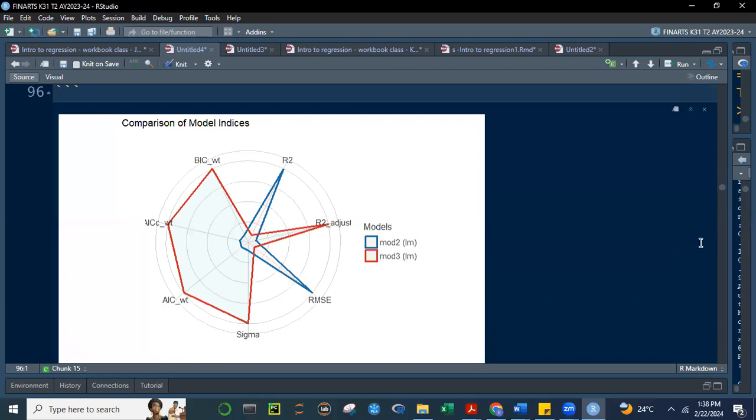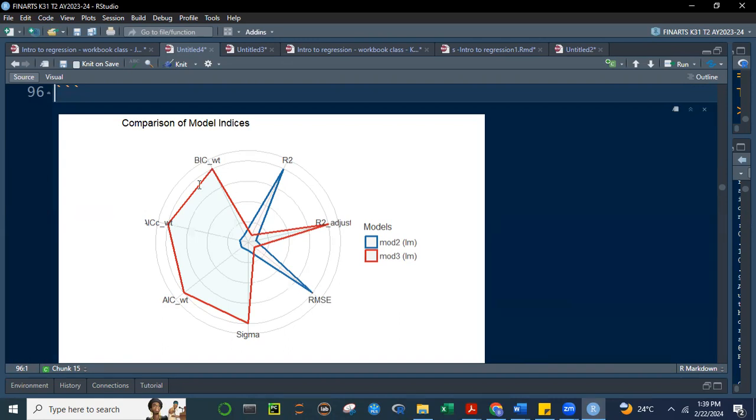Okay, so you can see here, this is the comparison of model number 3 and model number 2. In some of the points, mas mataas si blue, no? So there are points here where model number 2 outperforms model number 3.